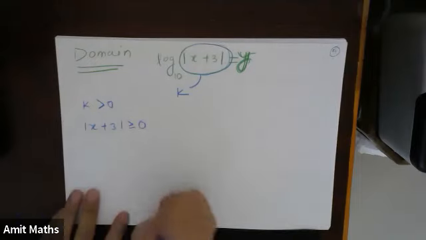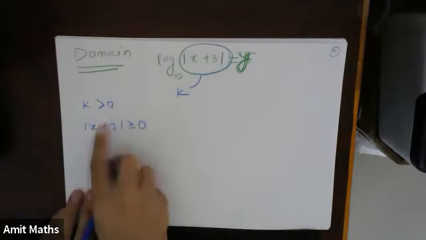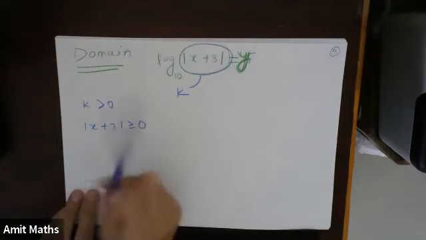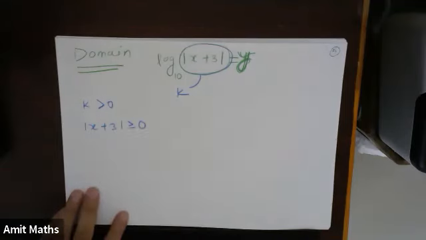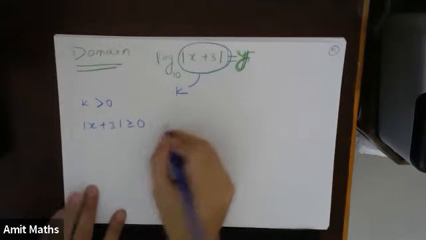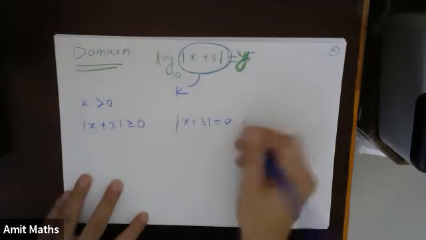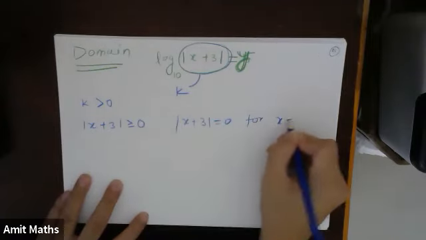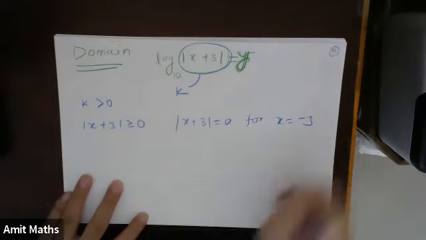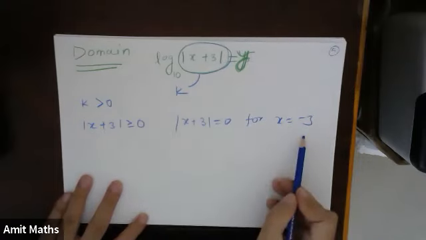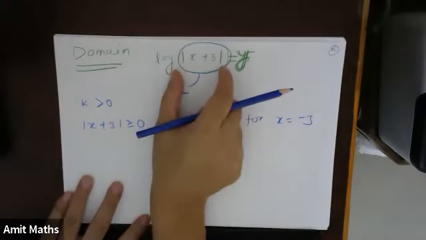That means there will be a value of x for which this modulus function is 0. And what is that value? Mod of x plus 3 will be 0 for x equal to minus 3. That means if x is equal to minus 3, the thing inside the log will be 0, which is not defined for log.